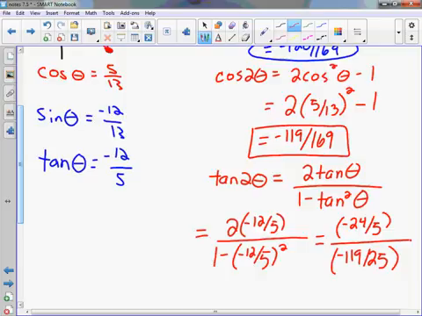And then you can type in negative 24 over 5 in a set of parentheses divided by negative 119 over 25. And that should give you 120 over 119.